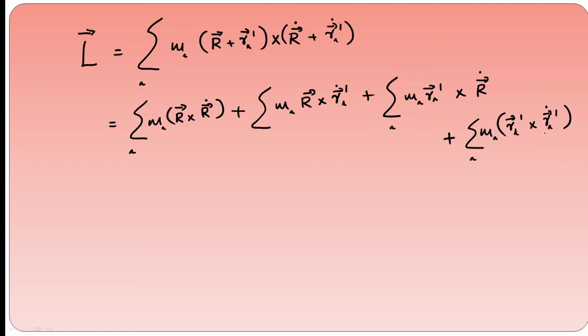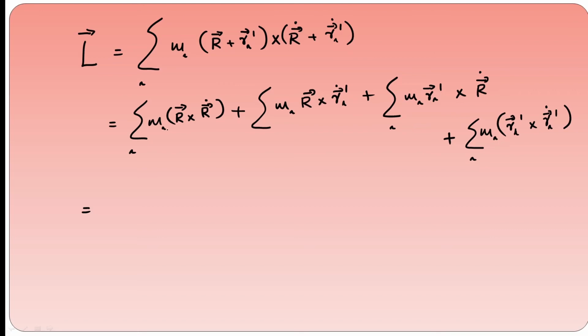These are the values. We know that R dot is V. We can write the first term as R cross R dot, where capital V is the velocity of the center of mass.